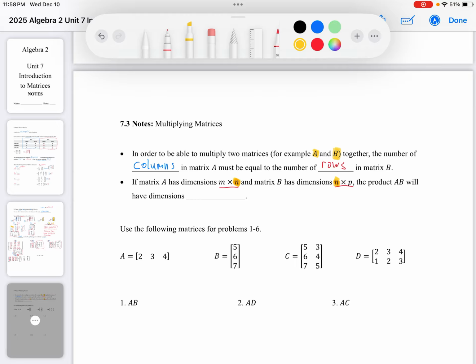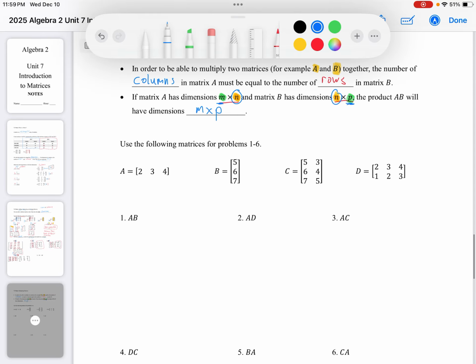Then the other numbers tell us the dimension of the matrix that we will get after we multiply. So this will give me a matrix that is m by p. These numbers have to match in order to be able to multiply, and then the other numbers tell me what dimensions I will have after I multiply.